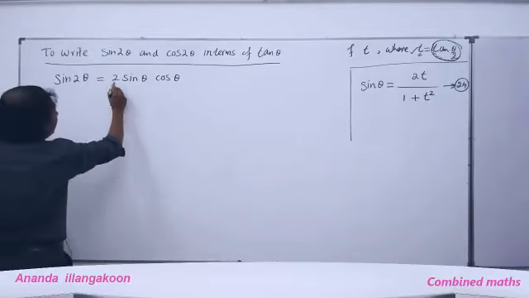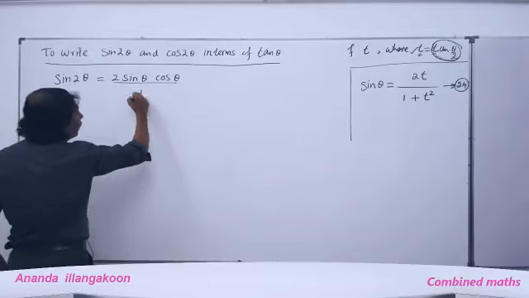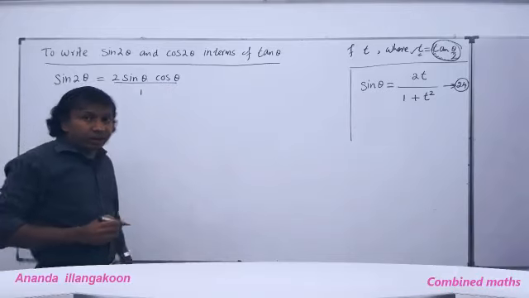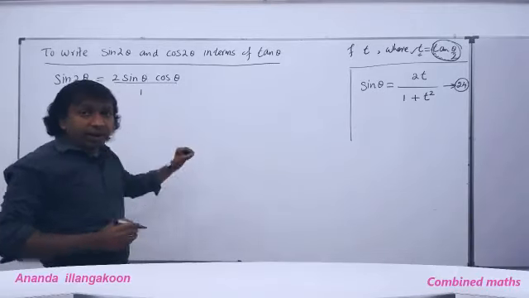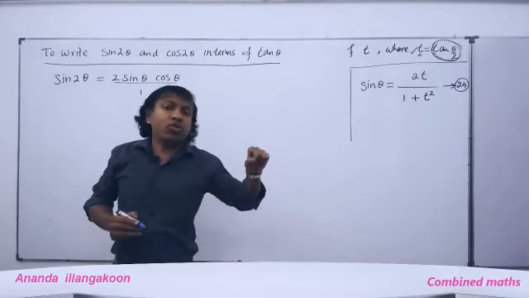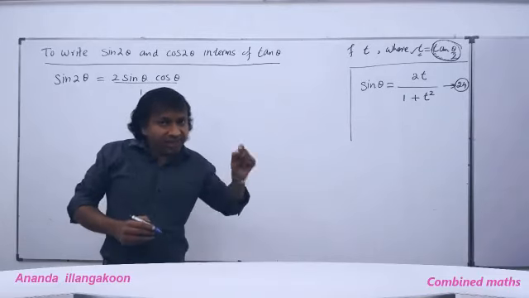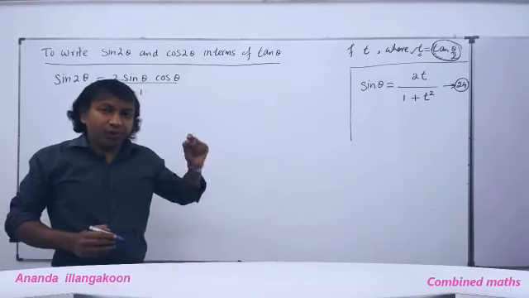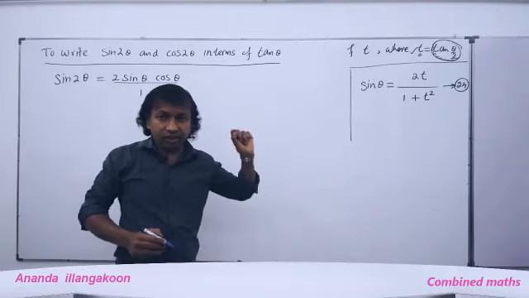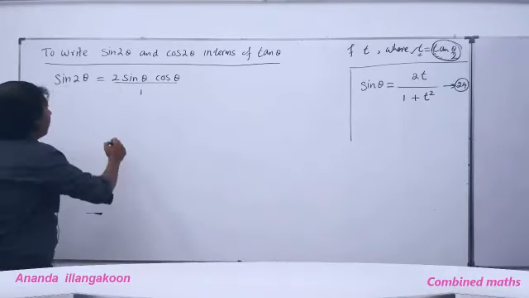Here the denominator is still 1. Now what I do is, for this denominator 1, I write an expression whose value is always 1. As that expression I take cos squared theta plus sin squared theta.